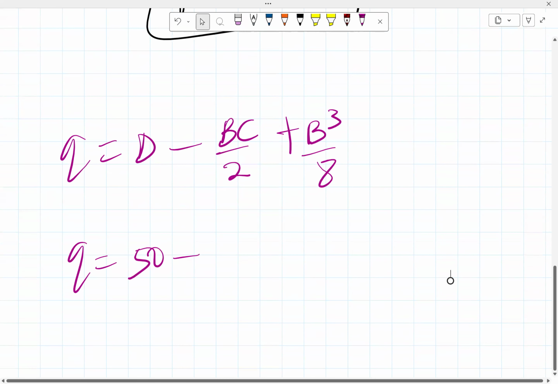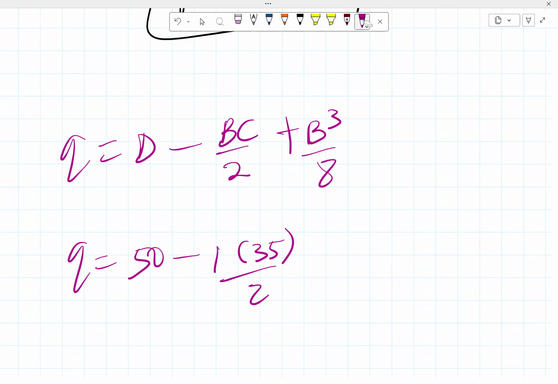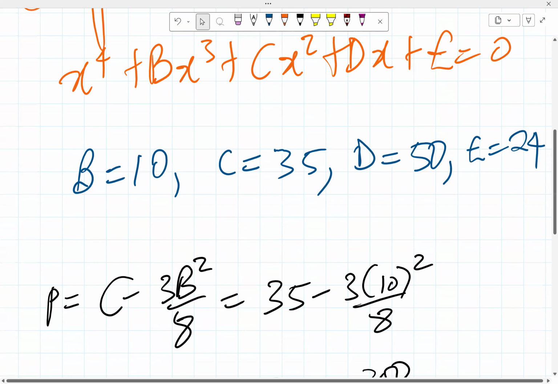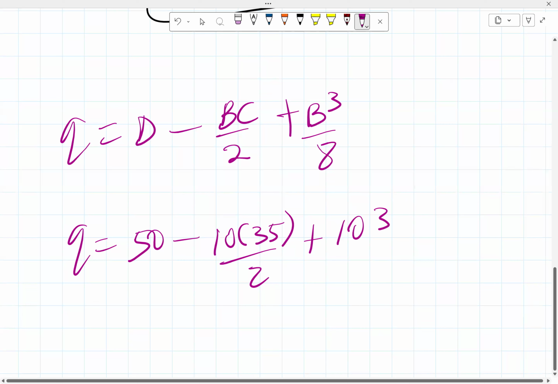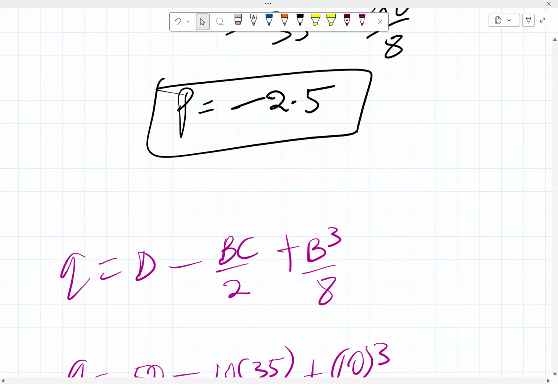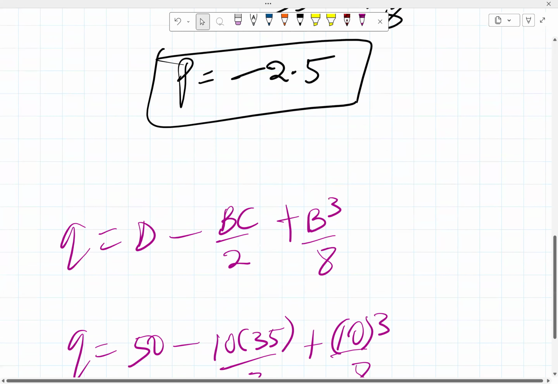So that's 10 into 35 all over 2. Then B cubed, B is 10, so that is 10 cubed all over 8.